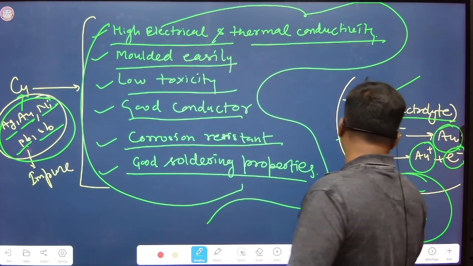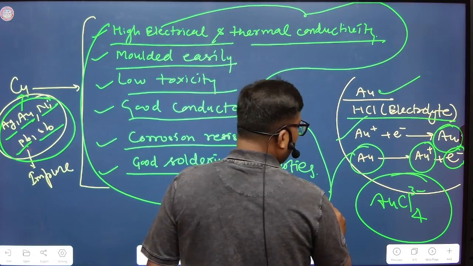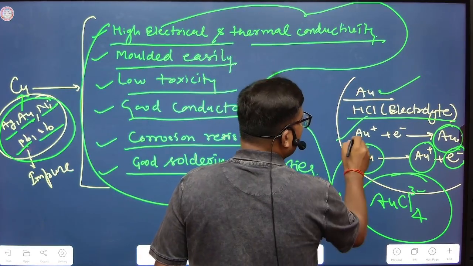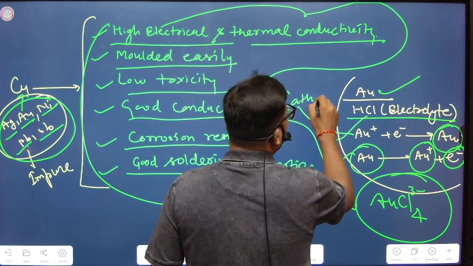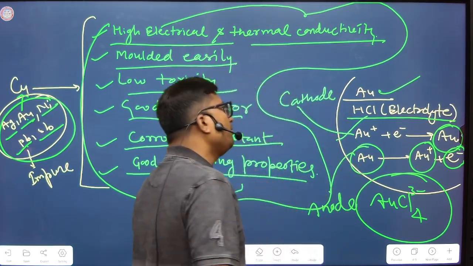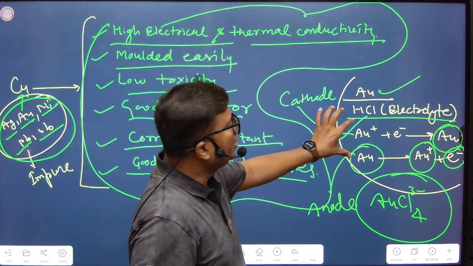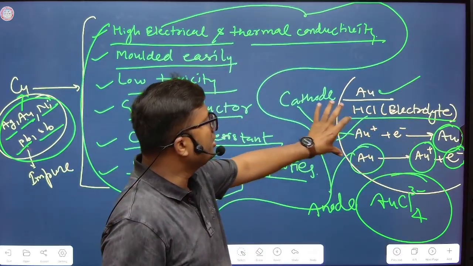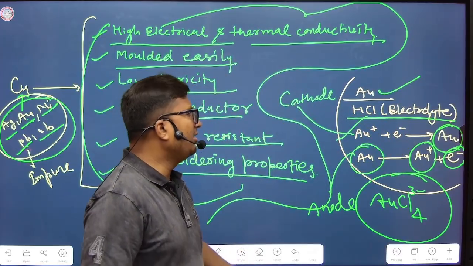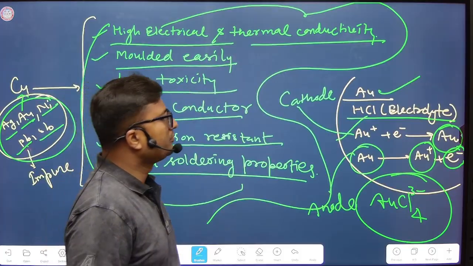So this process occurs at the anode, and this process occurs at the cathode. So in the case of gold extraction and purification, these kinds of half reactions actually occur and set up an electrochemical cell, an electrolytic cell, right?